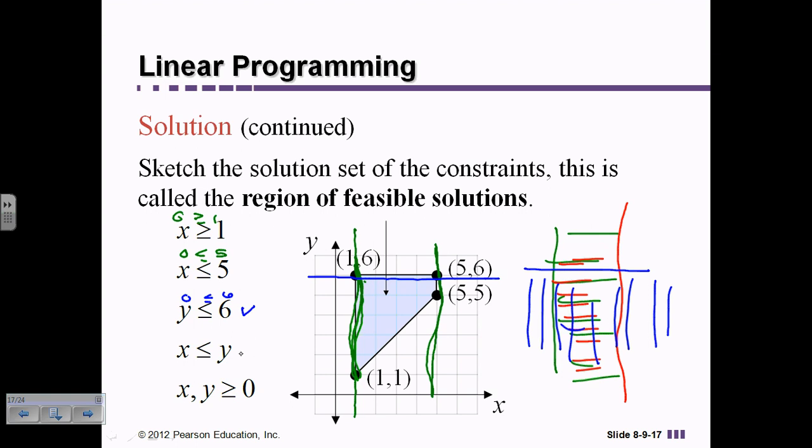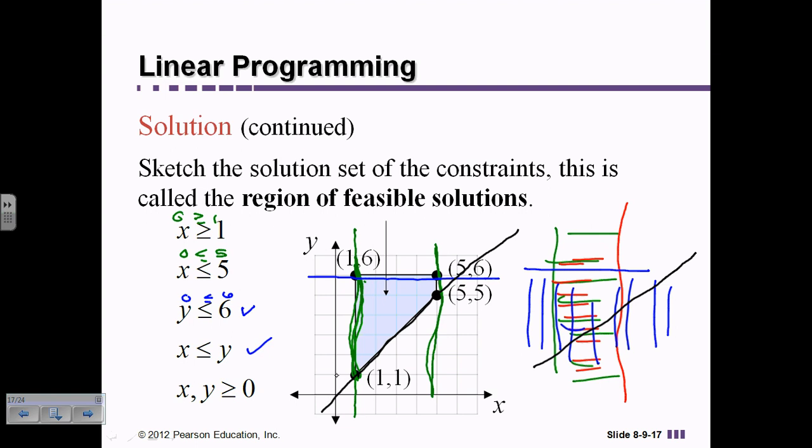Our last one is x is less than or equal to y. So we have a line that's coming right through here, x equals y. Here's that line right there, just coming right through here. Now, unfortunately, I can't pick 0, 0, because if I pick 0, 0, the line is going through 0, 0.